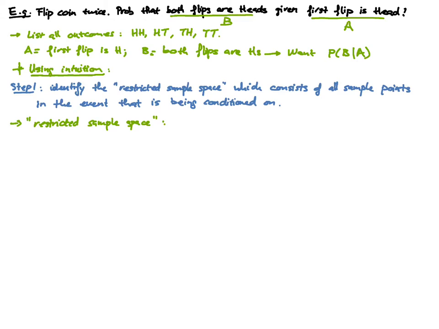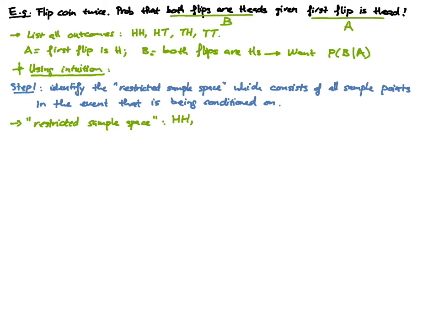So let's look at our outcomes and see which ones belong to A. First off, we have head-head. For head-head, is the first flip a head? It is, right? So it belongs in our restricted sample space. For the second outcome, we have head-tail. For head-tail, is the first flip a head? The answer is yes.